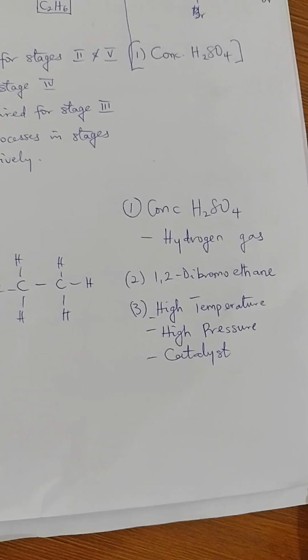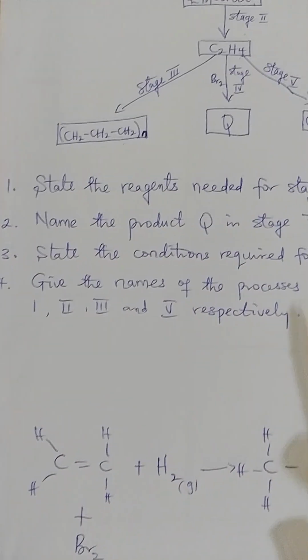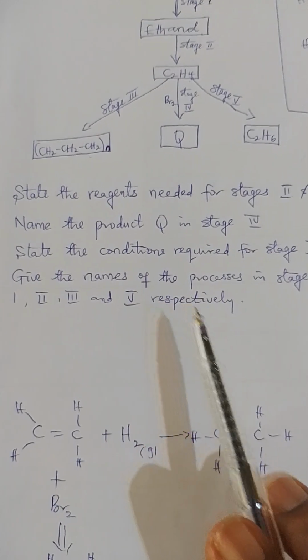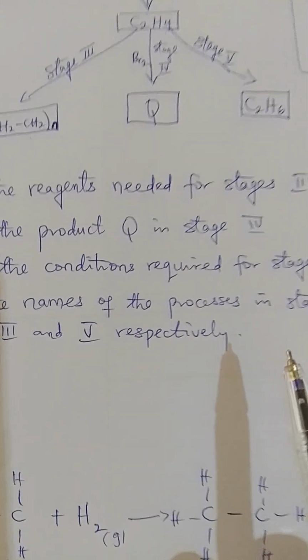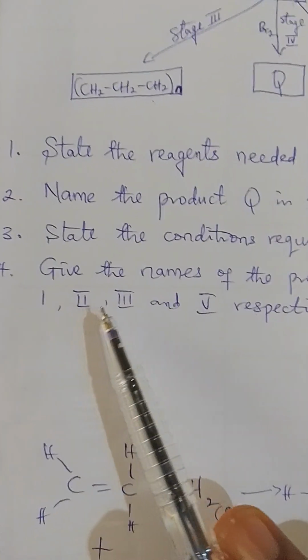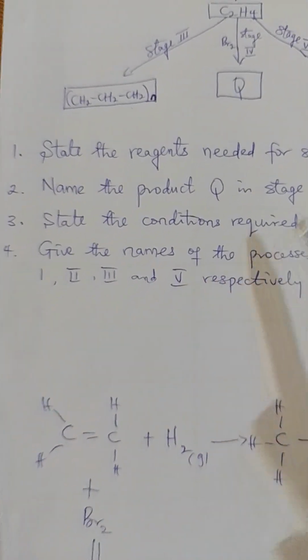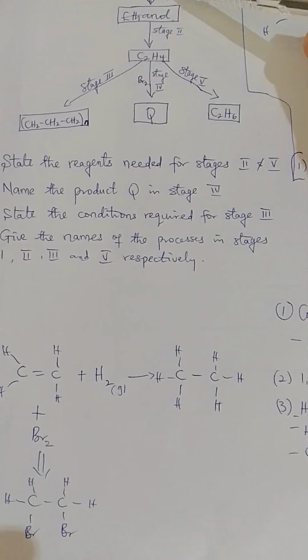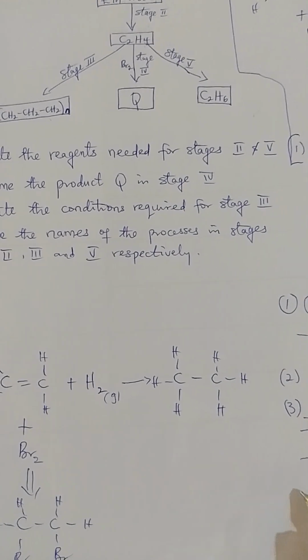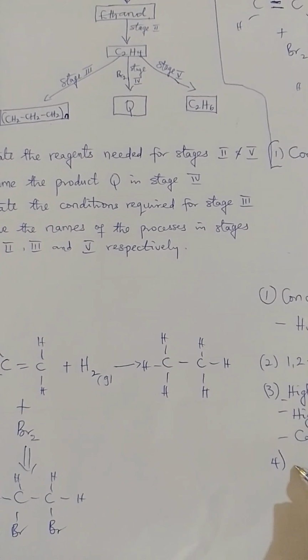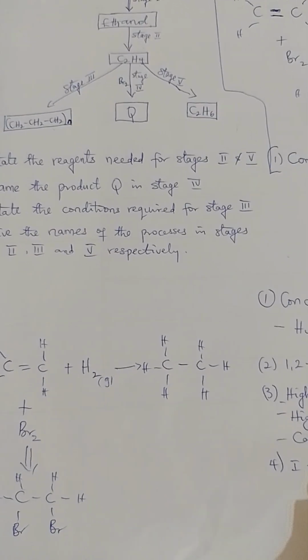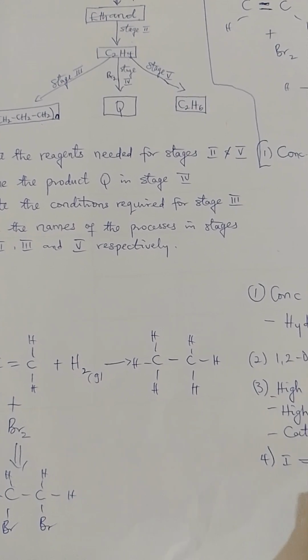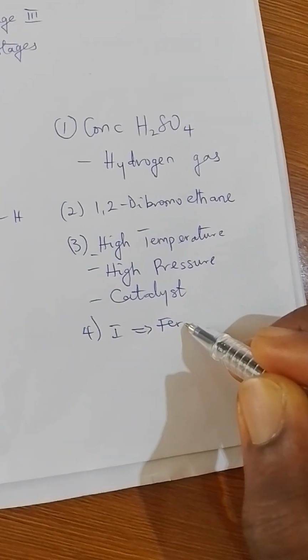That's stage 3. The last question says, give the names of the processes in stages 1, 2, 3, and 5. Now, stage 1 is when glucose converts to ethanol. When glucose converts to ethanol, that is fermentation.